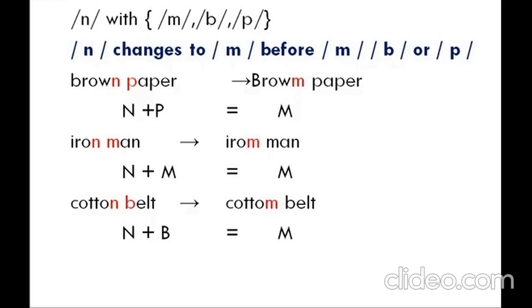Another case is where the sound n changing to the sound m whenever it comes before m, b, or p. Similarly, so brown paper actually sounds like "browm paper". Iron Man sounds like "Irom Man". Cotton belt, it comes out as "cottom belt". So the sound n is actually assimilating with m, b, p, and it's coming out as the sound m.